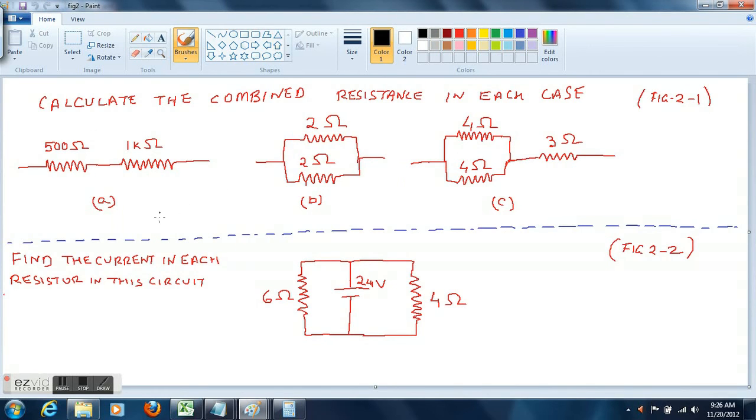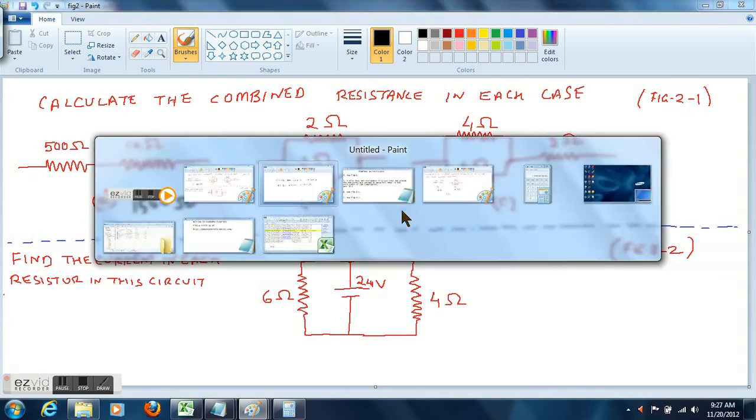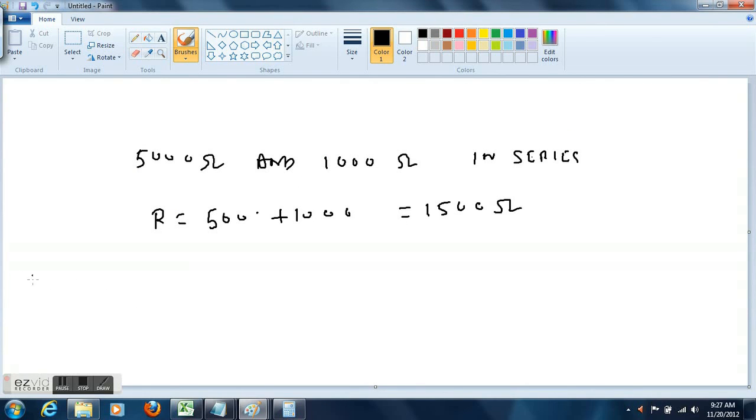Let us take case 1. I have one of 500 ohm and another of 1 kilo ohm, which is 1000 ohm, connected in series. So the resultant resistance will be 500 plus 1000, which is 1500 ohms.